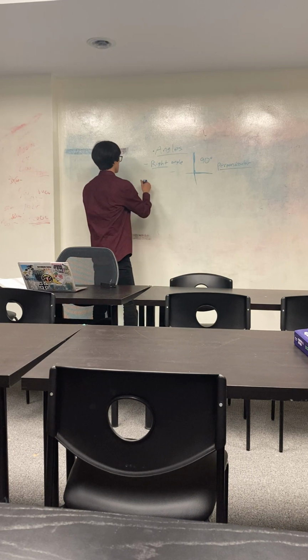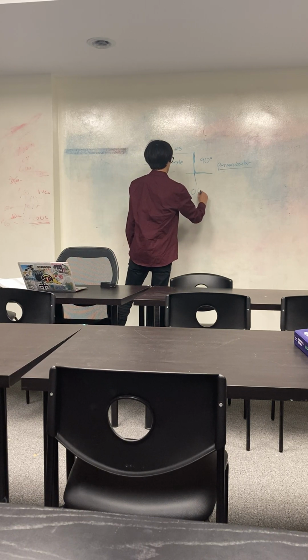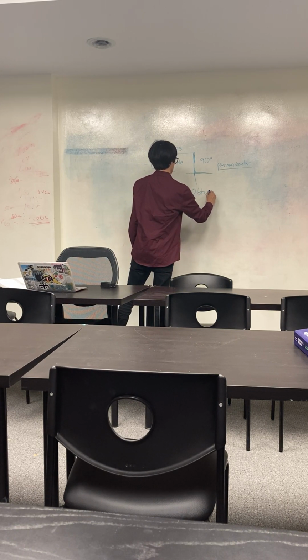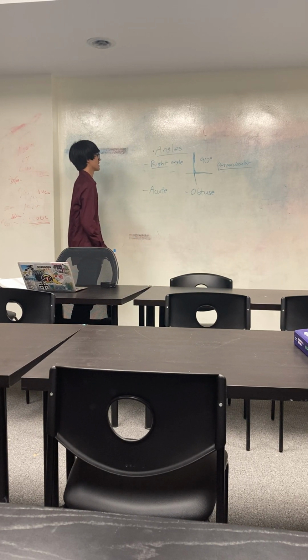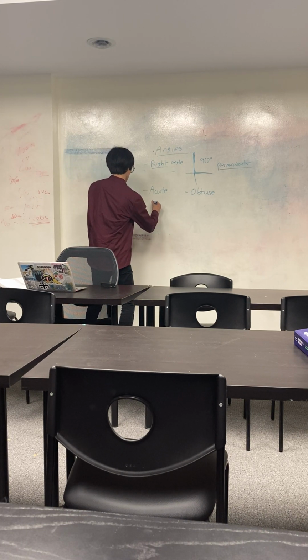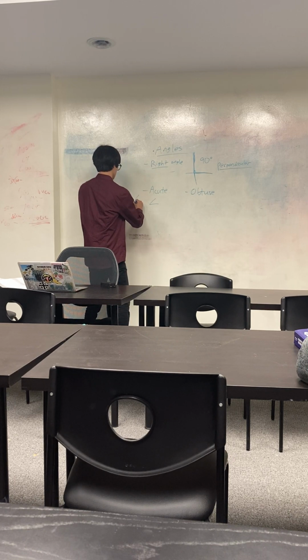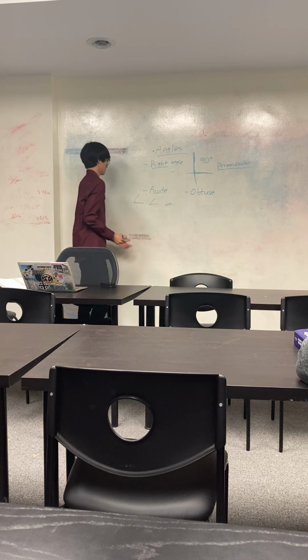Now we have acute angles and obtuse angles. An acute angle is an angle that is less than 90 degrees. So it looks sometimes like this, like this, like that.